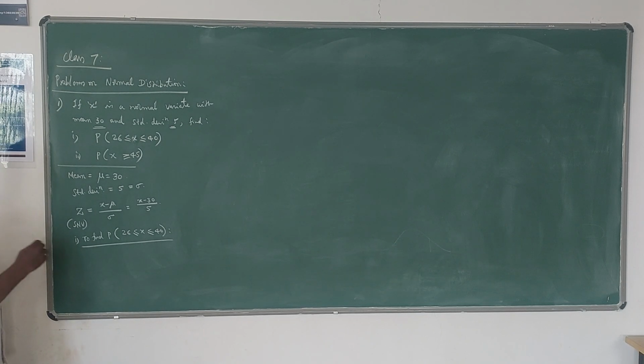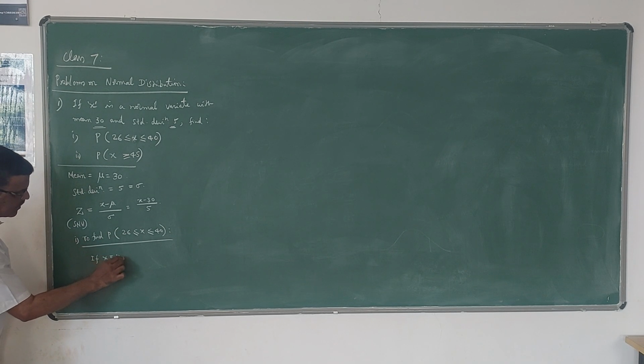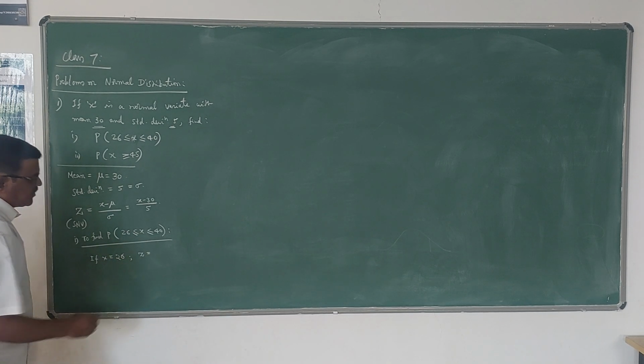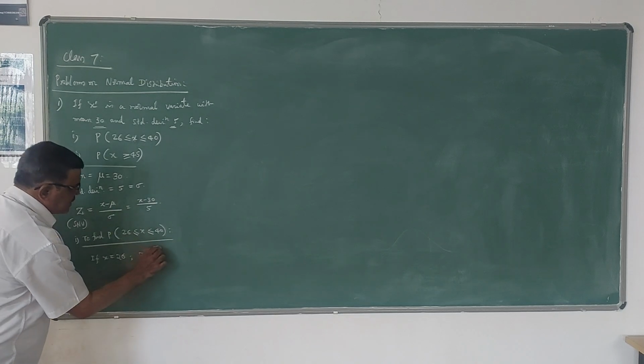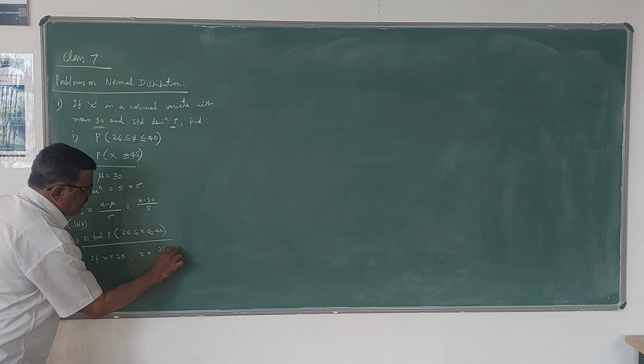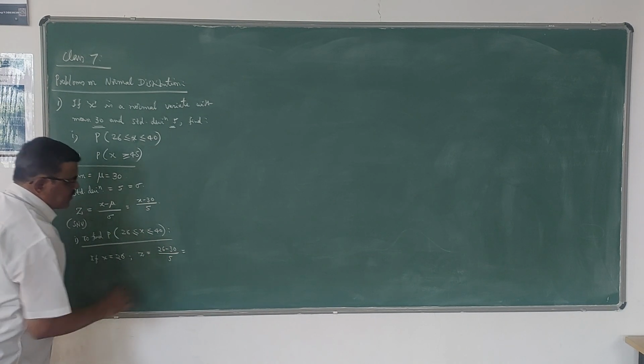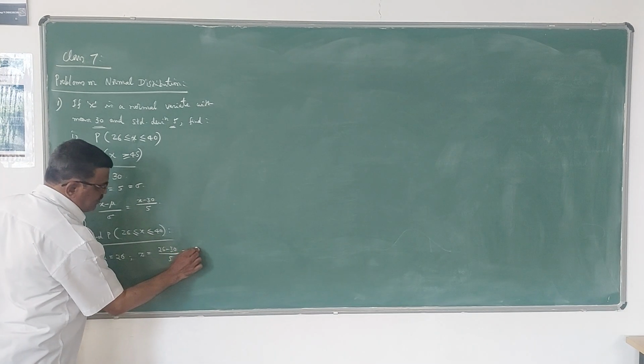If x is 26, then z is equal to 26 minus 30 divided by 5, which is minus 0.8.